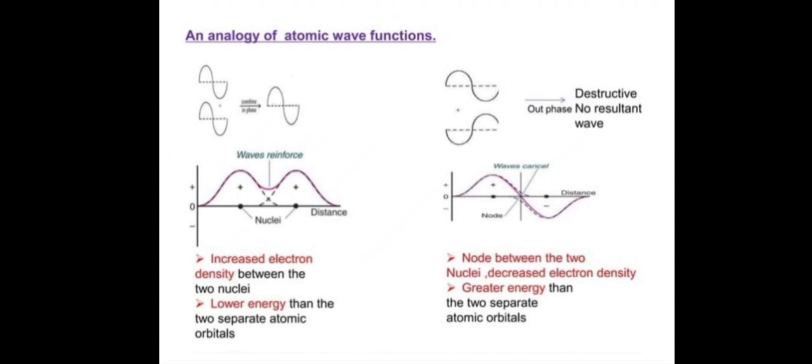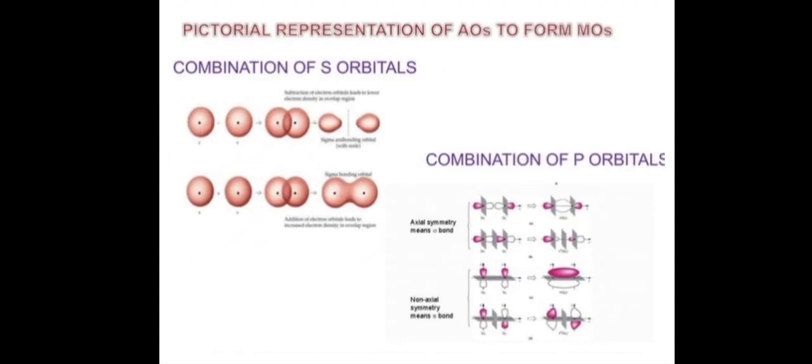And you go to the point of psi square, which is the probability of finding an electron. The psi square is represented as probability density. Here the probability of finding an electron, or probability density, of bonding molecular orbital is always greater than that of antibonding molecular orbitals.